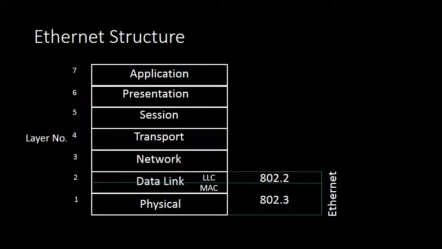The data link layer receives the network layer IP packets and assembles the Ethernet frames. It is divided into two functions: the logical link control, LLC, and the media access control, MAC, layers, each of which are a separate Ethernet standard.